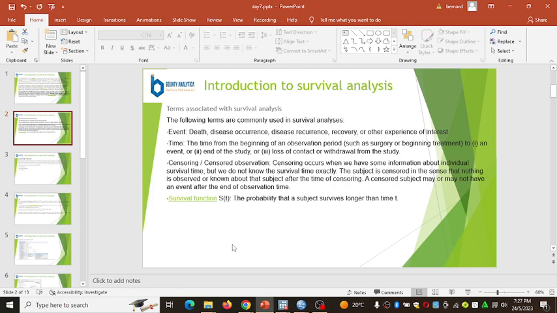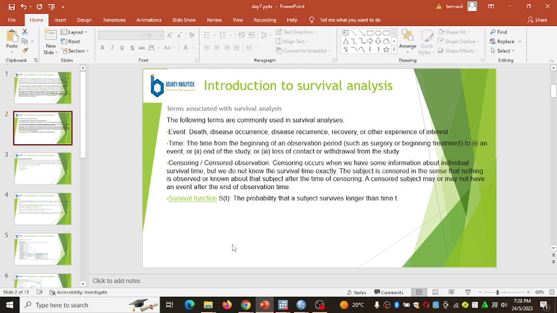Survival analysis takes into account the presence of censoring, which occurs when the event of interest has not occurred for some subjects by the end of the study, or when they are allowed to follow up.